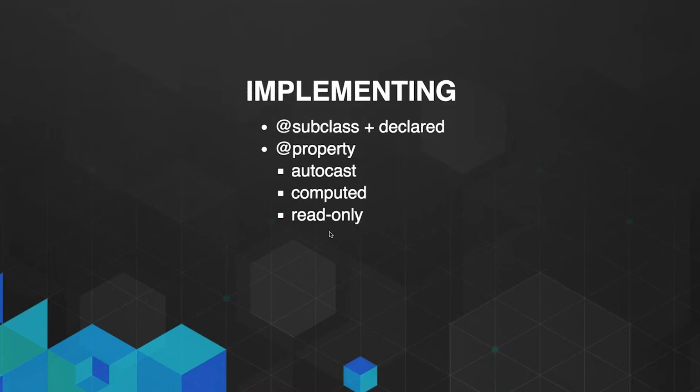You can make properties read-only, so if you try to set it externally, it'll throw an error. You can alias properties as well. One use case might be you introduce a new property and it deprecates another one. You can alias it to the deprecated one, just as a convenience.